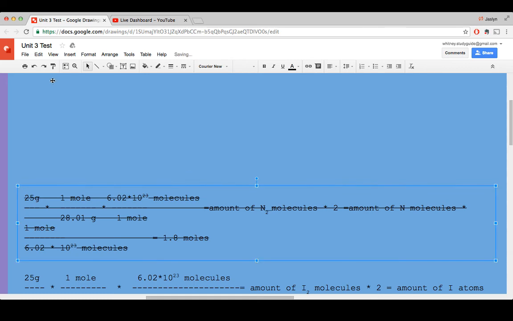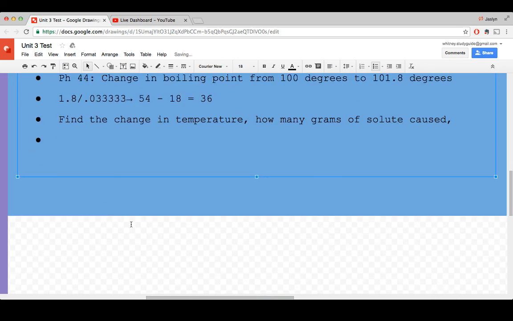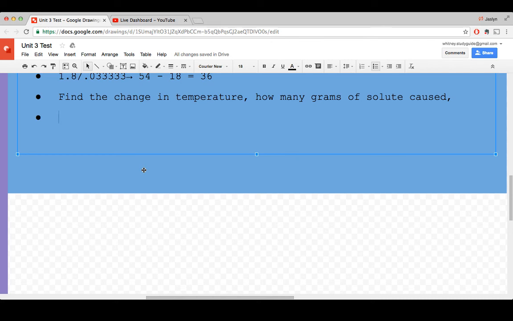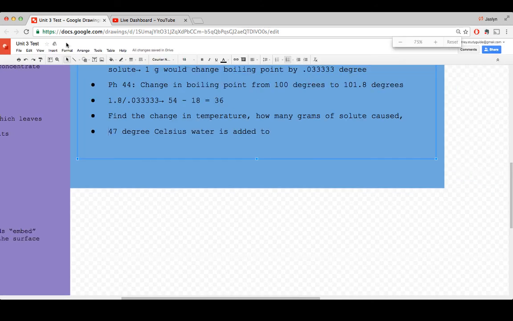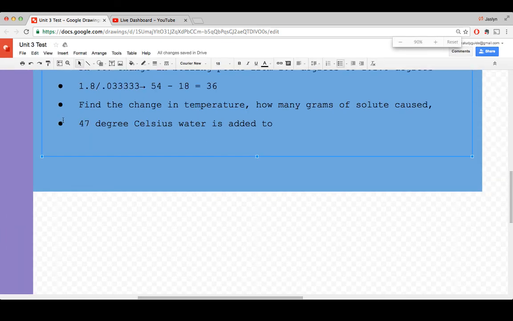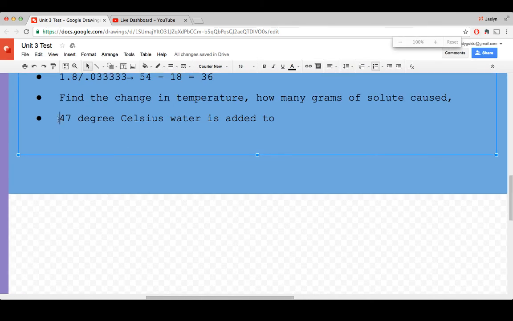So how it was is, you were given 47 degree water, and it's added to, and you don't know how much of it, so that's what you're trying to find, how much of this there is.